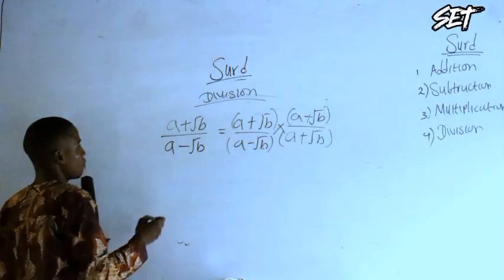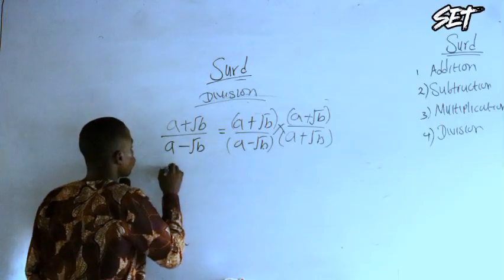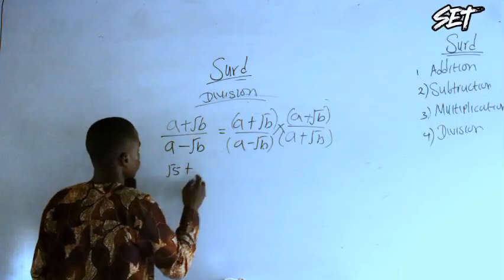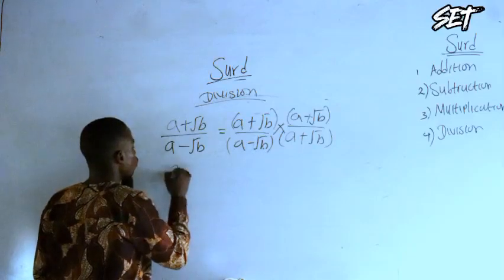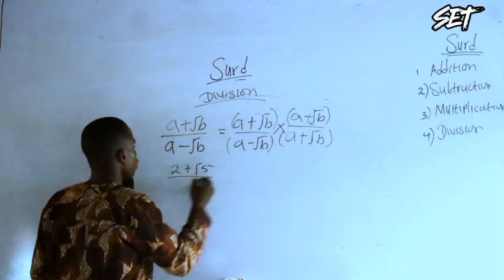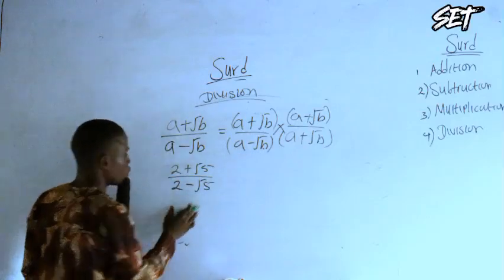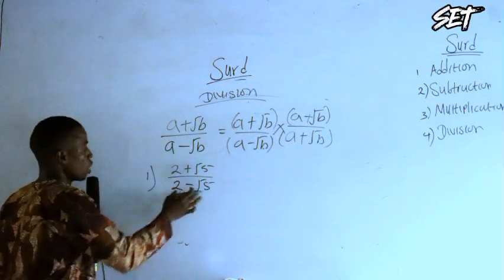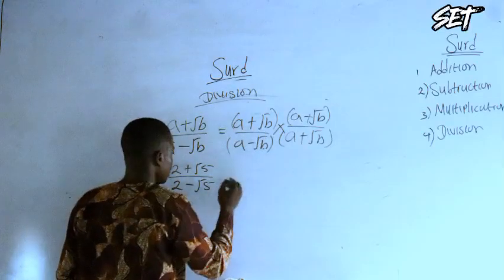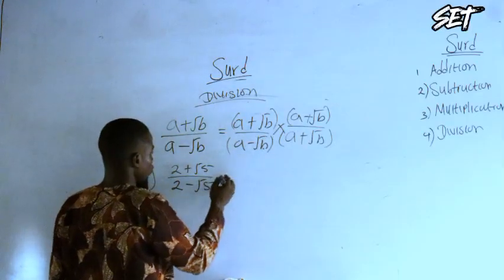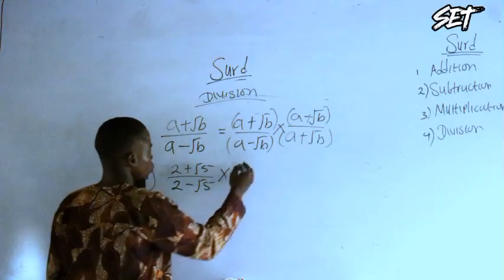Now, when we have 2 plus root 5 all over 2 minus root 5, like this one, number 1, you just do the same thing the way I told you. You just turn this one times what? This one will be 2.